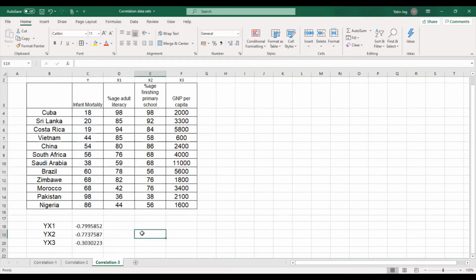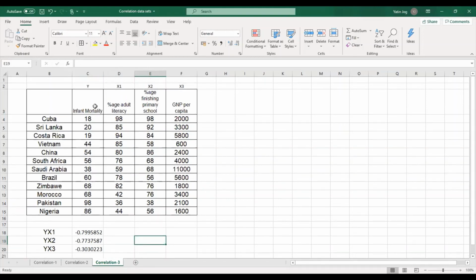From the correlation values, I can say first that all my independent variables are negatively correlated with Y. X1 has a moderate negative relationship. X2 also has a moderate, maybe strong, negative relationship, because 0.75 onwards is strong.